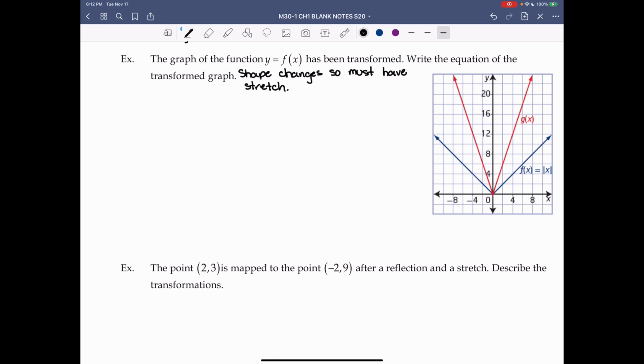We could have vertical or horizontal stretch. We could have both. There's no shift because our vertex, the minimum point for both graphs, is in the same place, so there's no shift. There are different possibilities for the equation. Let's say that we have a vertical stretch.